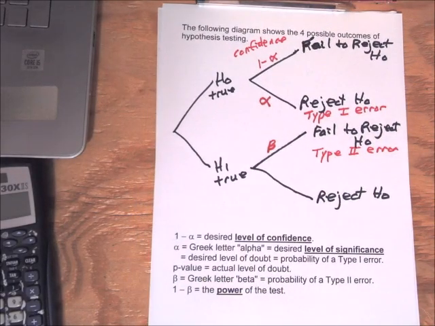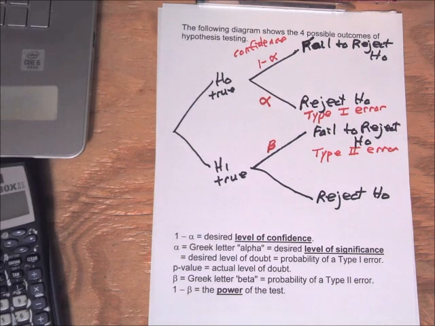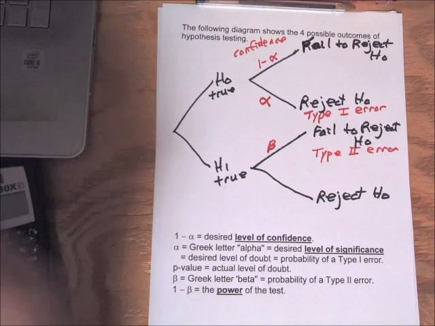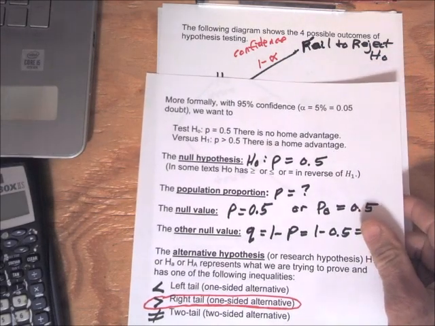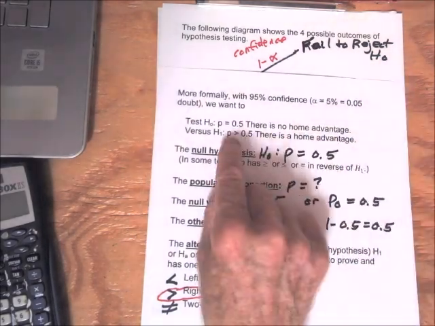Alpha is established by the researcher, and in order to compute beta, we need a specific value for the population proportion if H1 is true. We don't have a specific value to put in.